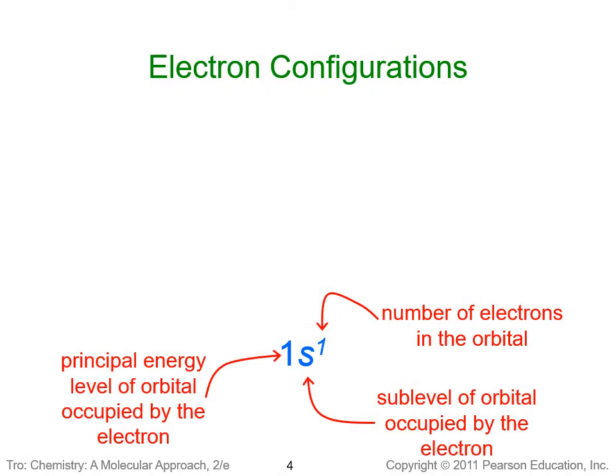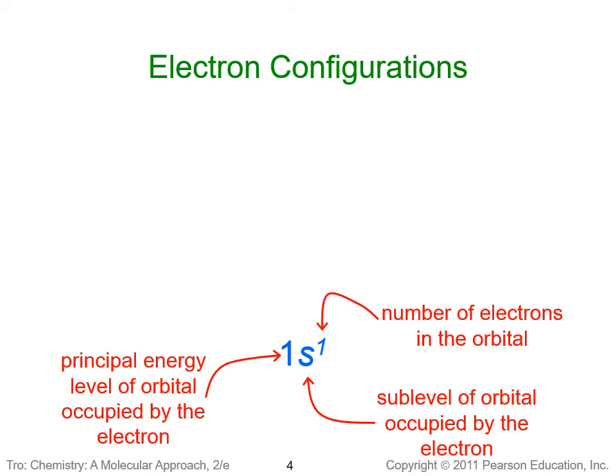Quantum mechanics explains the behavior of electrons in atoms. We've already discussed that we cannot pinpoint the exact position of our electrons, but we do know with high probability they exist in orbitals.